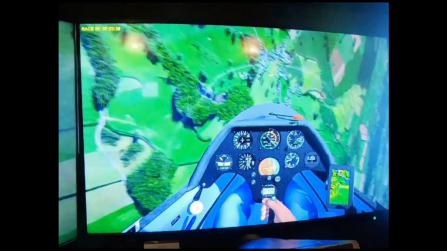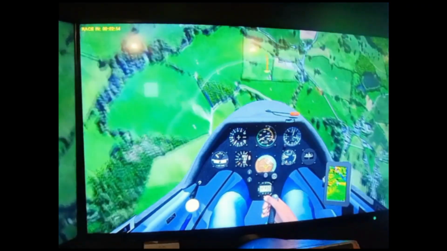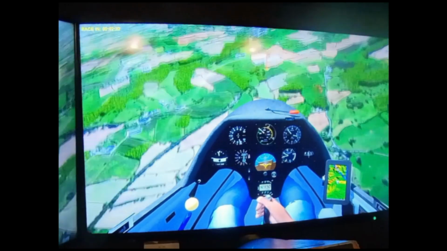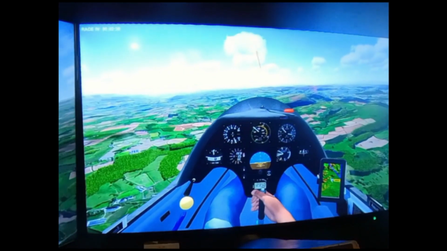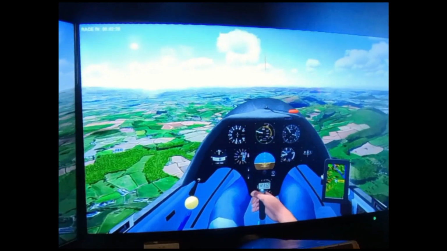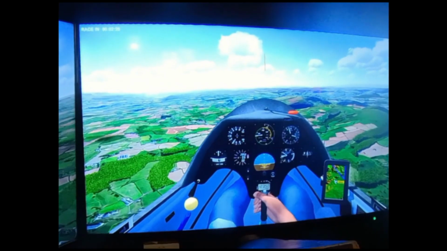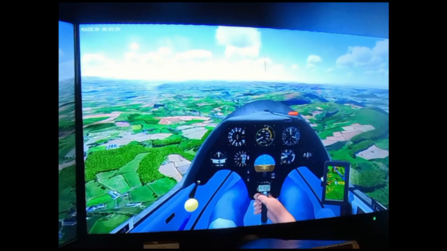We need to move the stick centrally forward, regain flying speed, roll the wings level with coordinated aileron and rudder, and then return back to the normal gliding attitude. That was a stall with wing drop.